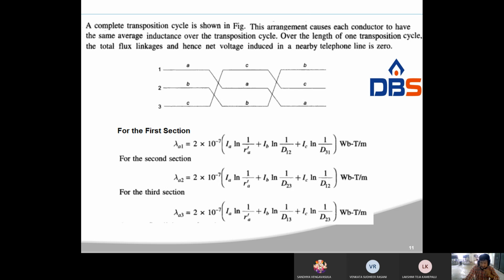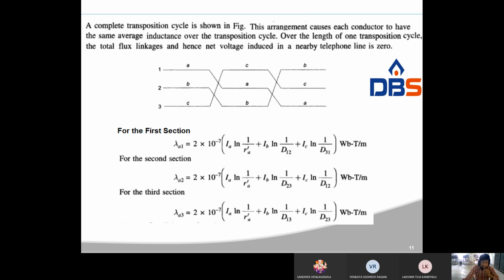Lambda A1 equals mu0 by 2 pi, IA into ln 1 by r dash, plus IB into ln 1 by D12, plus IC ln 1 by D13 or D31, whatever it may be.